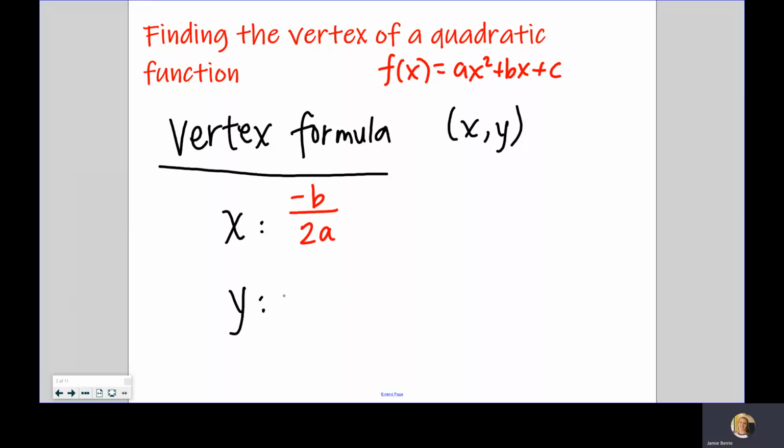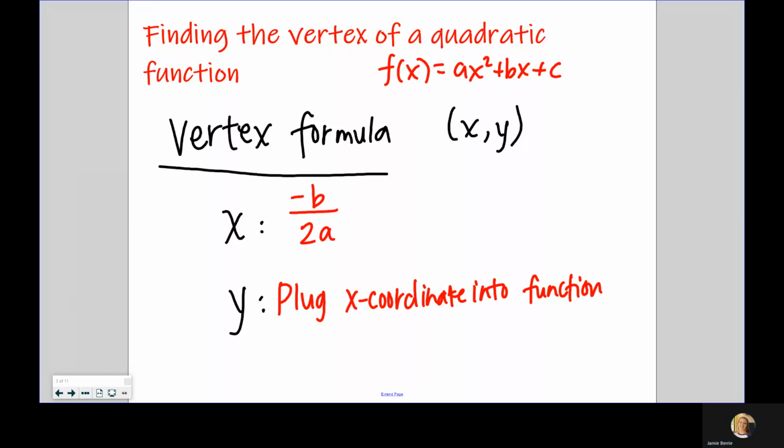Then to find the y coordinate, you just plug the x coordinate into the function. That's going to tell you the y value, or the y coordinate.